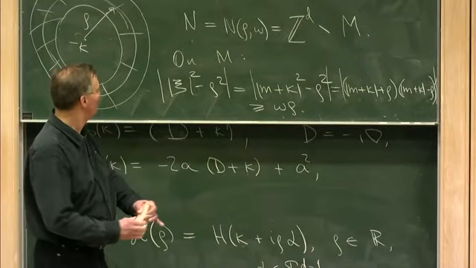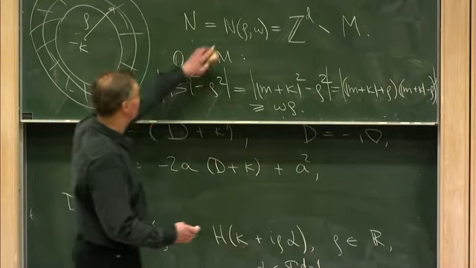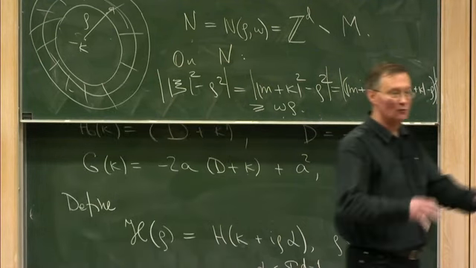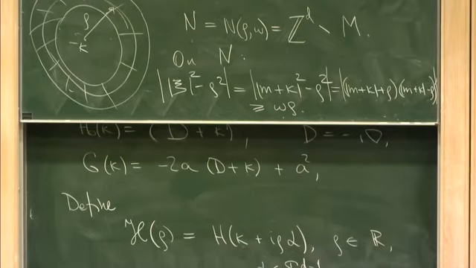On N? Sorry? On N complement. That's right. Sorry. On N complement. Outside the sphere, outside the spherical layer, we have this nice bound. Why is it good?